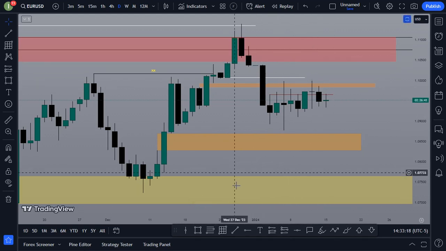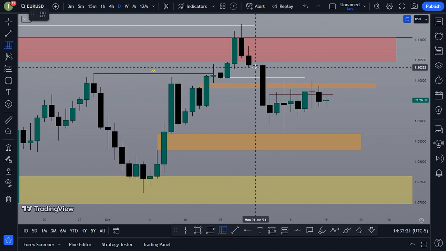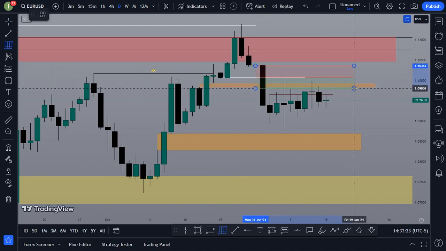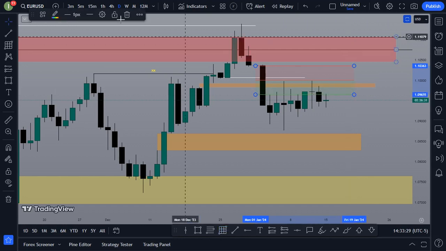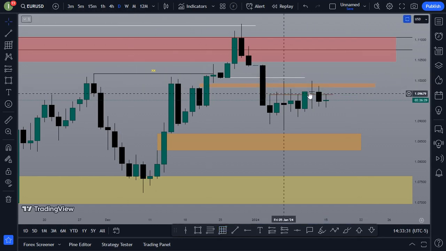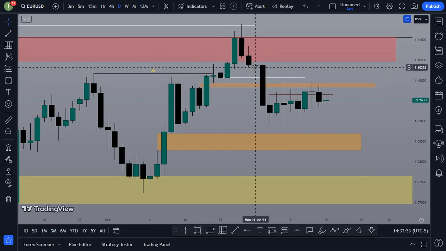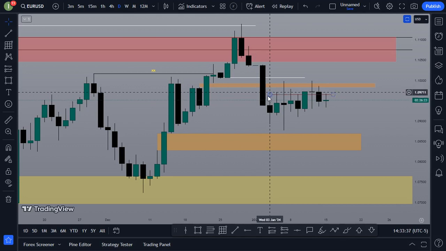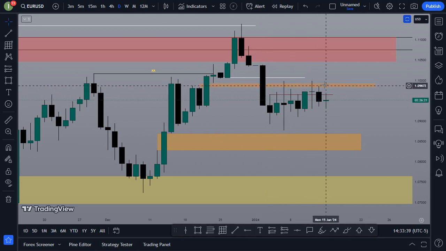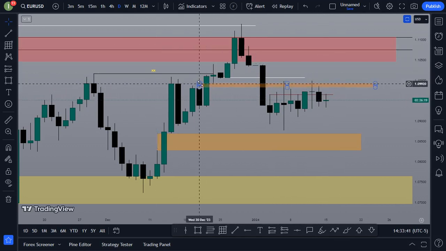Yeah, so there's a fair value gap here as well. This candle's low, which is very minimal, very small actually, and then this candle's high. There's a fair value gap. You can see how price is reacting from it. And then there's an inversion here as well.